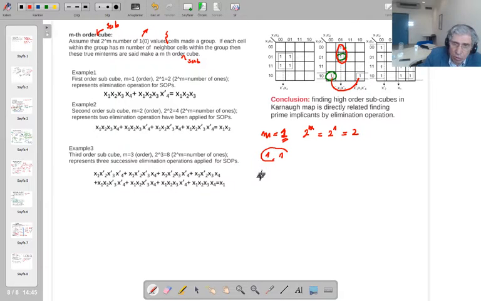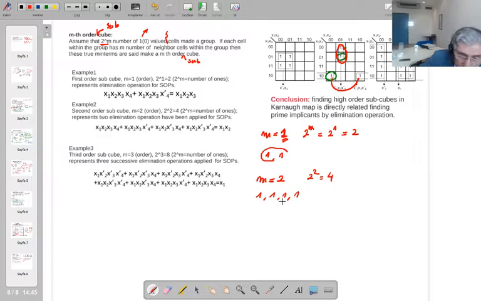When m equal to 2, we are going to talk about 4 ones, 2 to the power 2, which is equal to 4. So we are going to deal with a group of ones which has 4 ones in it. There must be some property related to these ones.